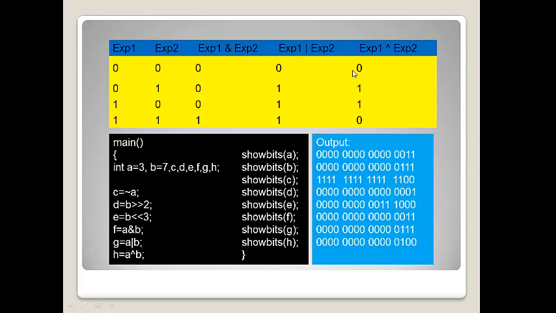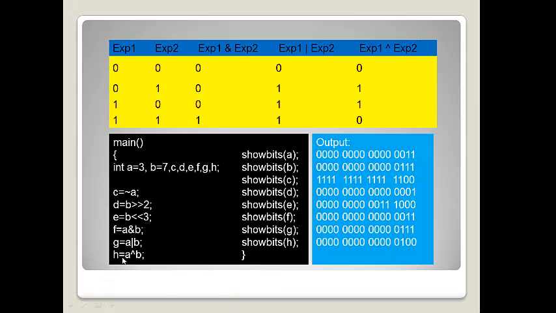If both are 1, the result is 1. If any one is 1, the result is 1. Only if both are 0 is the result 0. In this case 1 and 1 gives 1, and 0 and 1 also gives 1, while 0 and 0 gives 0. This is the value of g.